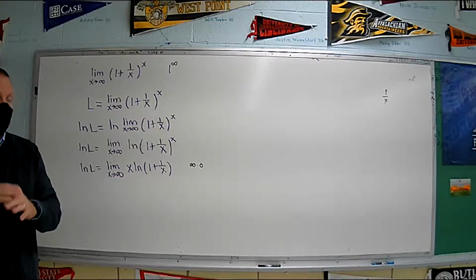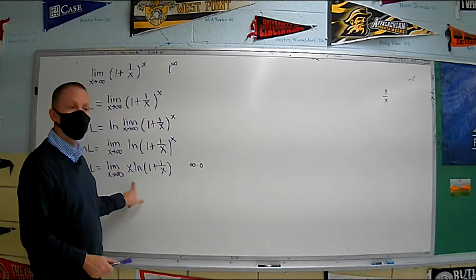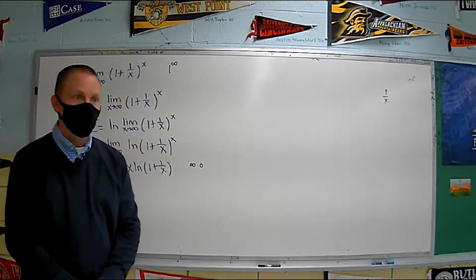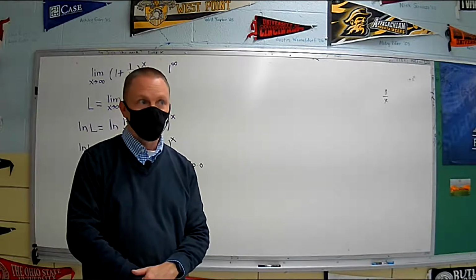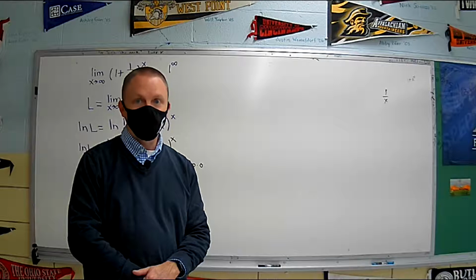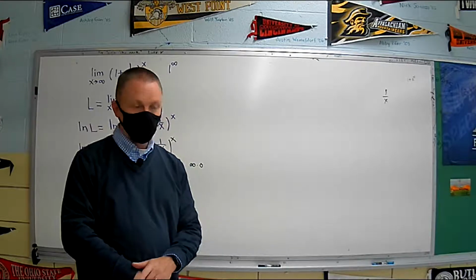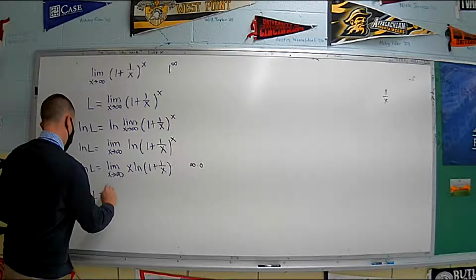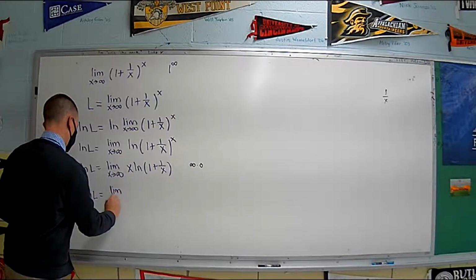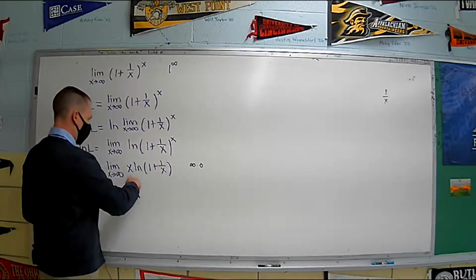So what did we do yesterday when we were faced with a similar situation? What did we do to rewrite that as a fraction? You remember? We rewrote this to what?